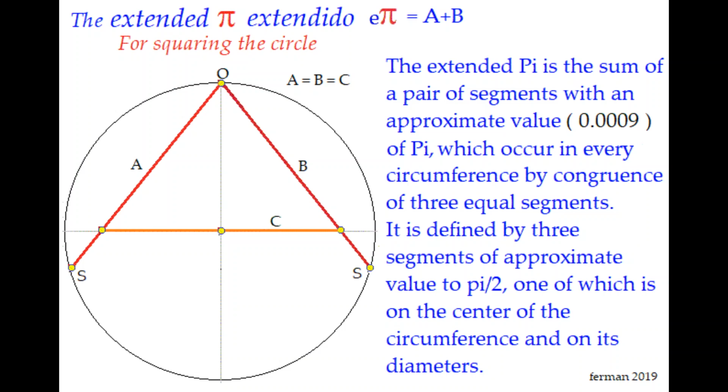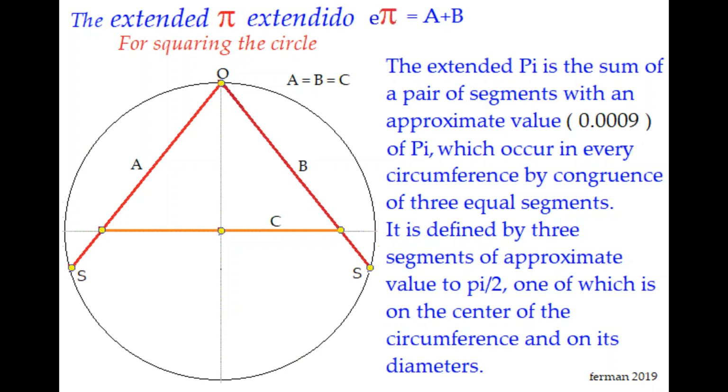The other two go from the upper point, O in the drawing, of the axis and of the circumference, passing united by the lateral ends of the central segment, and ending in their cut with the circumference, point S of the drawing. Each of these segments represents an approximate value of pi to 0.0009, which would make us doubt a little if that ancient geometer would be right or not.